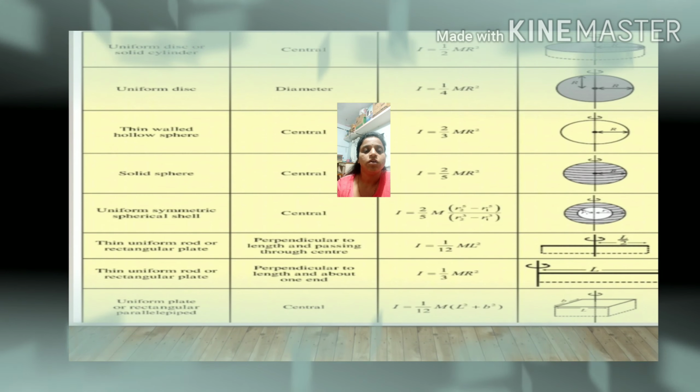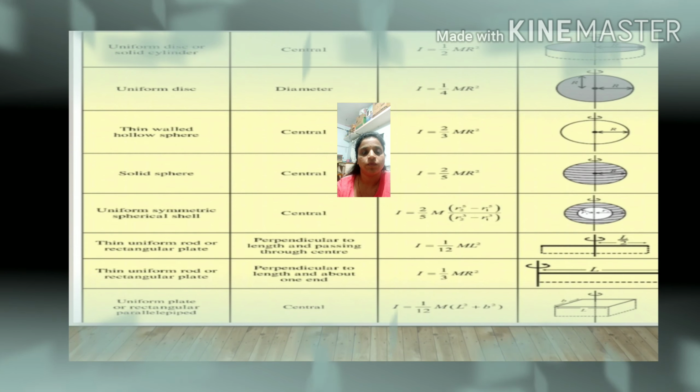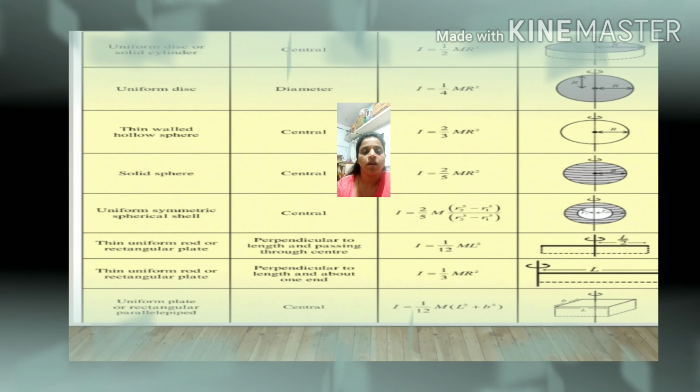Then a uniform symmetric spherical shell is there. It is nothing but a sphere only, but inside it is a little bit hollow. It has some thickness also. So the expression is different. It is moving along the center only. The axis of rotation is passing through the center only.